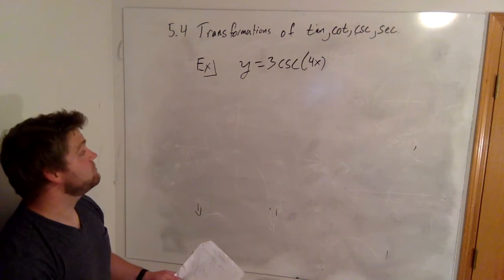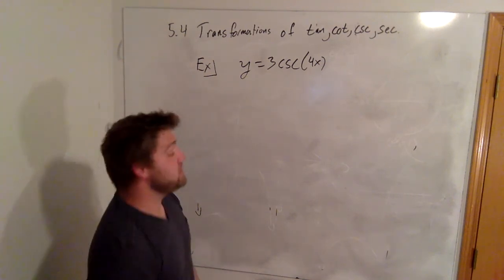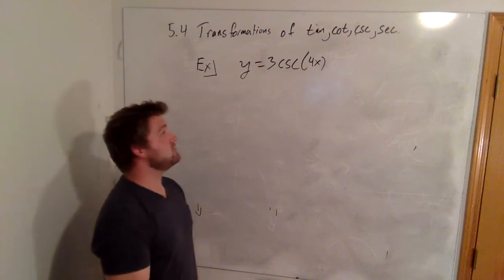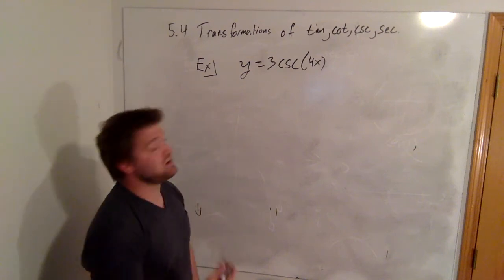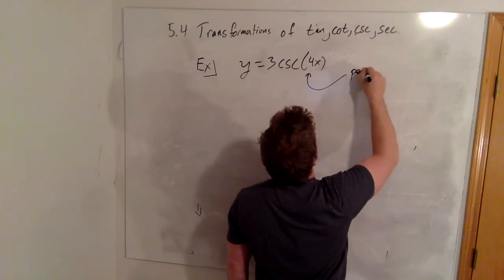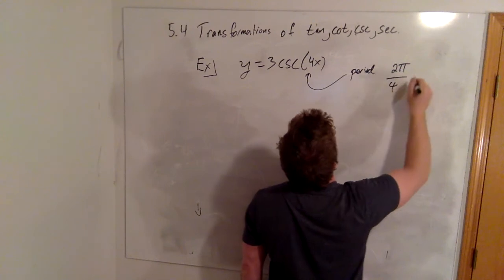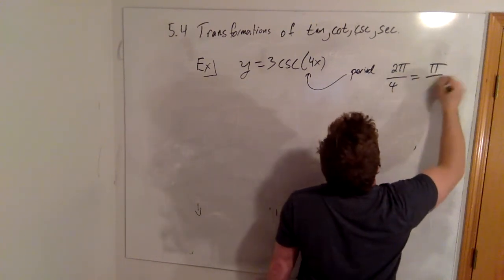Okay, let's do it. The first thing I'm going to look at here is the period. The period of sine and cosine is 2 pi, so the period of secant and cosecant will also be 2 pi. So the period will be 2 pi divided by 4, so that's going to be pi over 2.